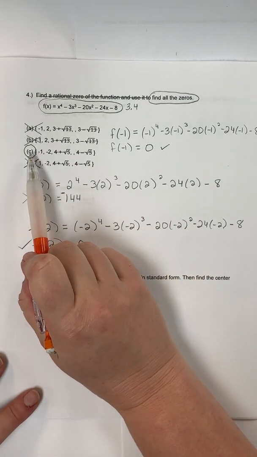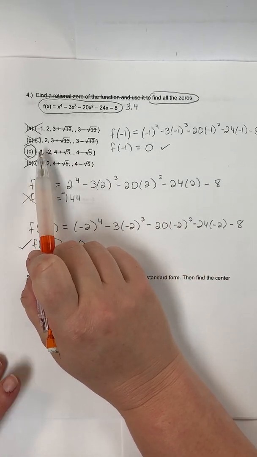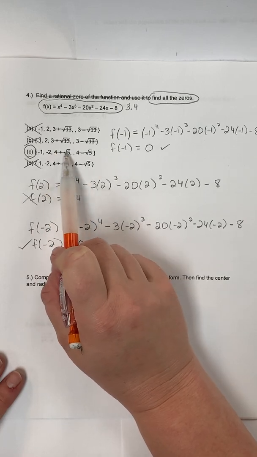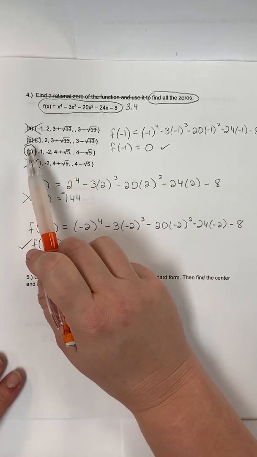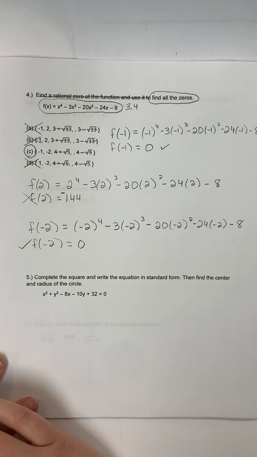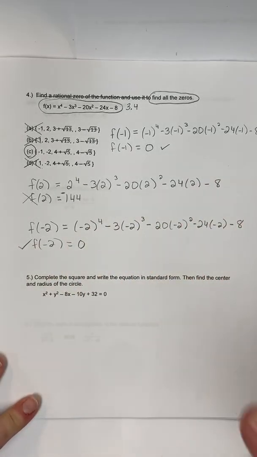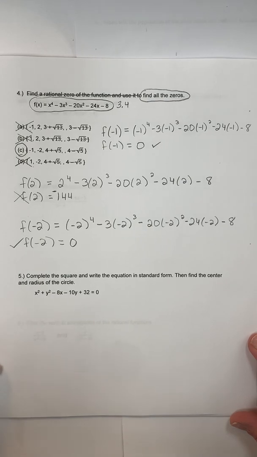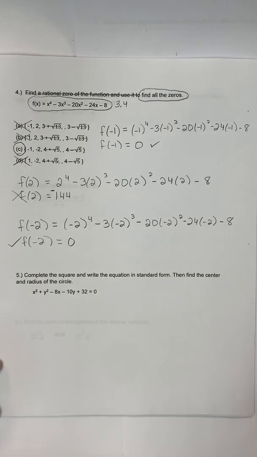And C is the only answer choice that contains a negative 1 and a negative 2. So I'm not worried about these other irrational choices. I'm going to choose C. That's the quickest, best way for you to work a problem like number 4 that you're going to see on the test. It's really just process of elimination.